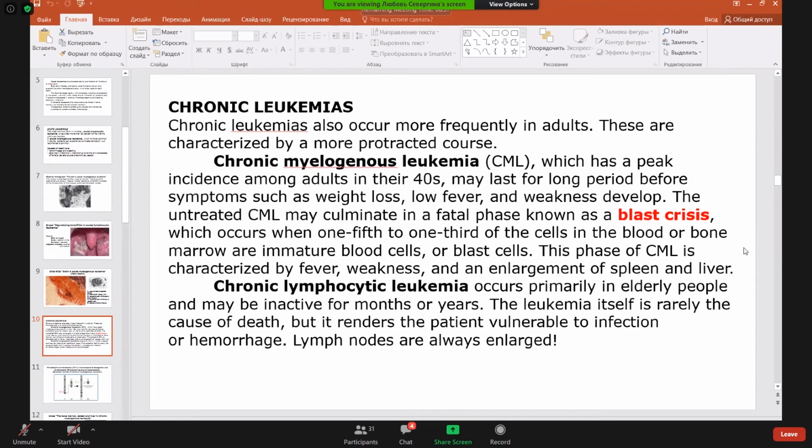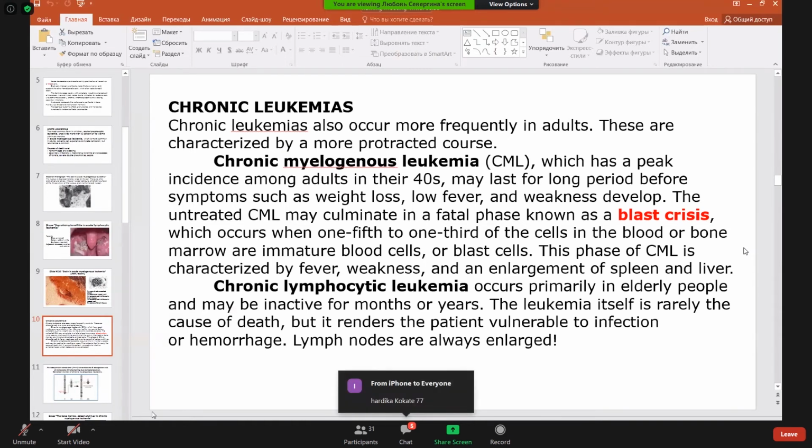This leukemia is characterized by the involvement of the lymph nodes. But in opposite to lymphoma, multiple groups of lymph nodes are usually involved in this leukemia. For example, mediastinal lymph nodes, abdominal lymph nodes, pelvic lymph nodes, a lot of groups.